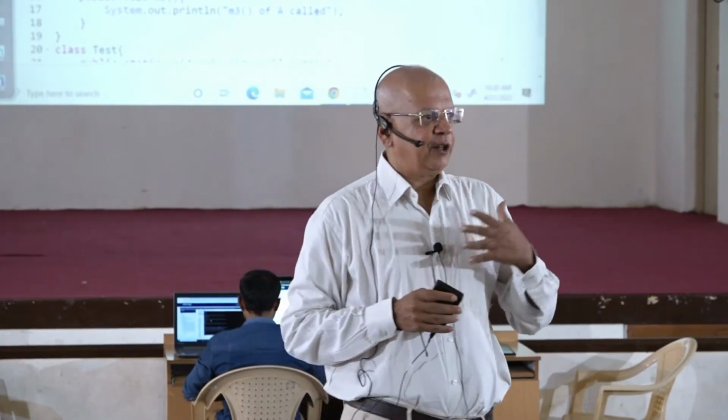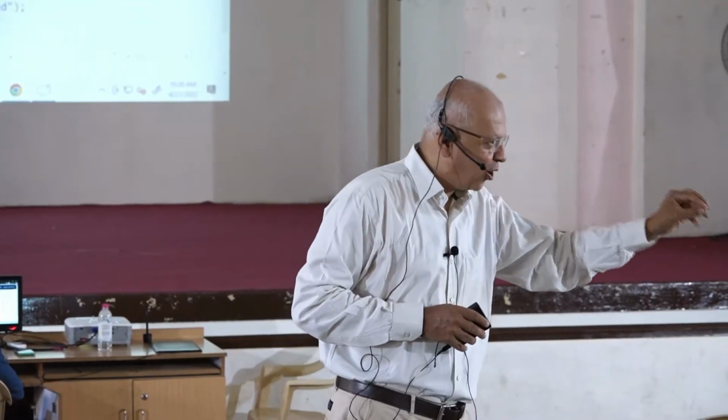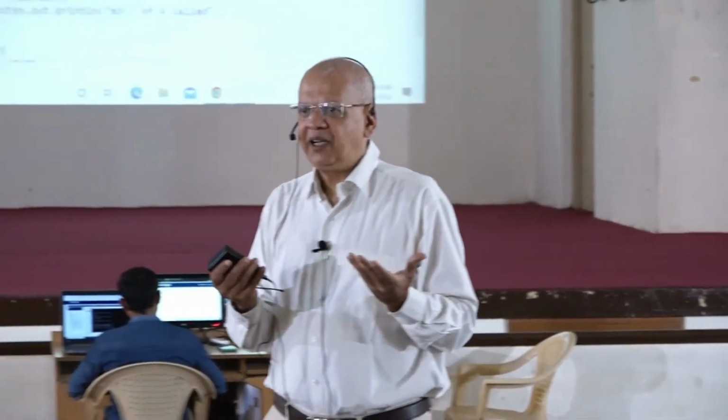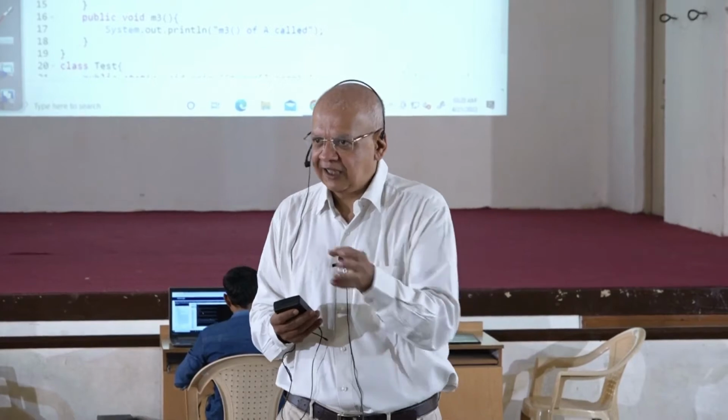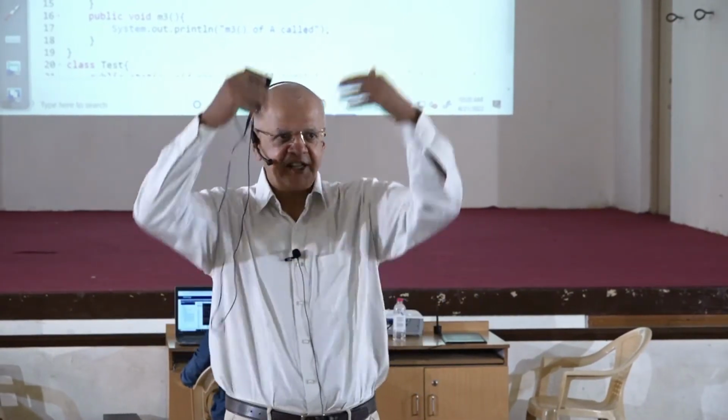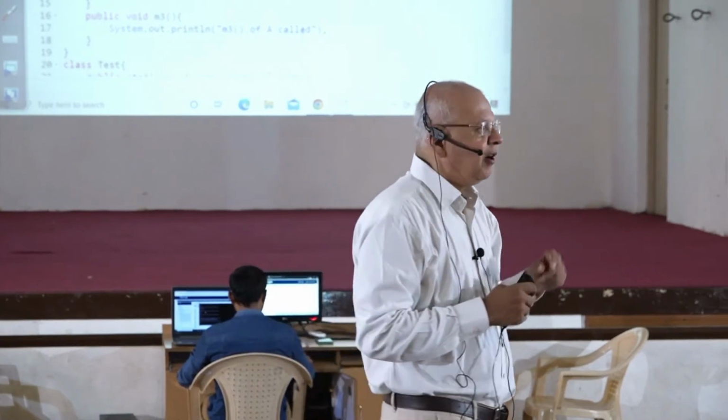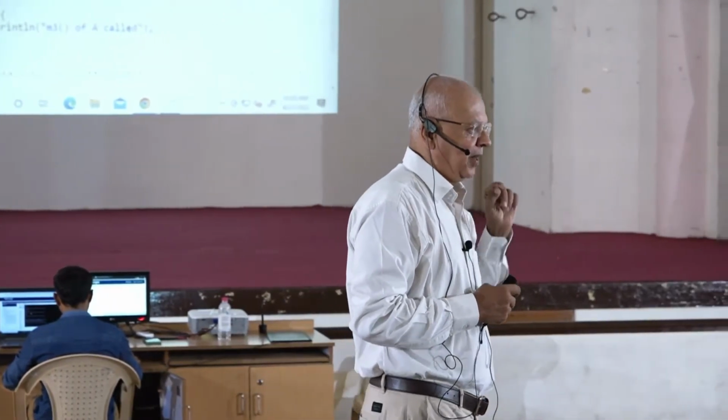So, if I were to design a person who is an employee in the office, a citizen on the road, and a family member at the house, how would I implement it? I would say class person implements these three interfaces. Each interface, we will say, what is the expected behavior? The expected behavior of an employee is to do work.